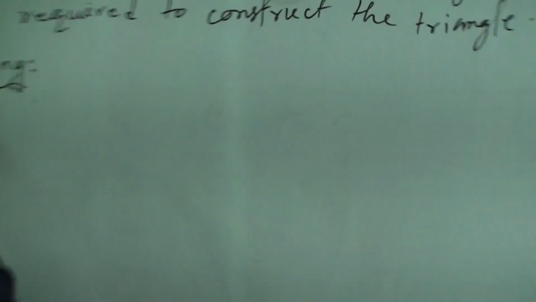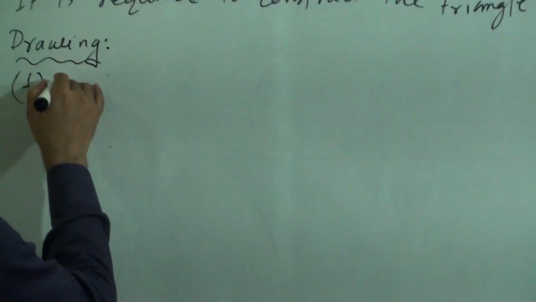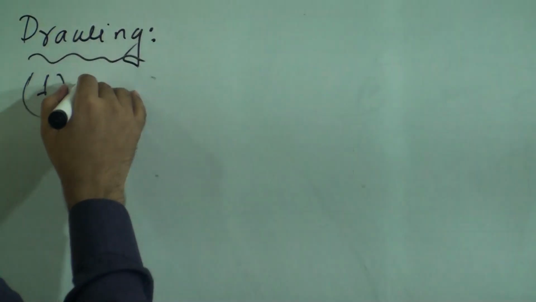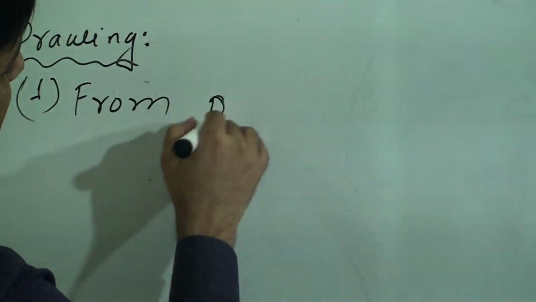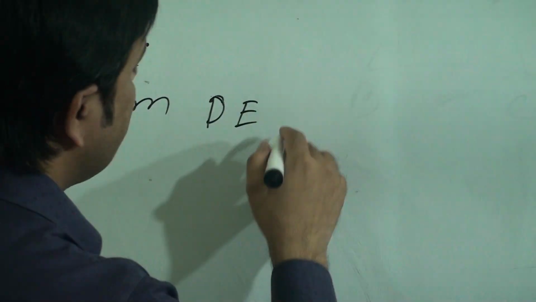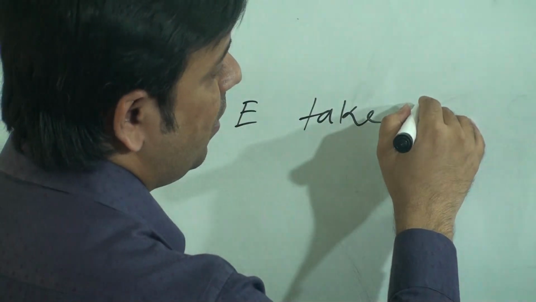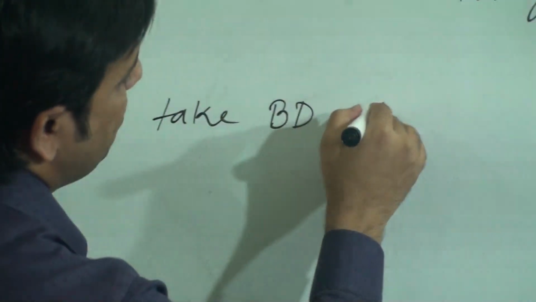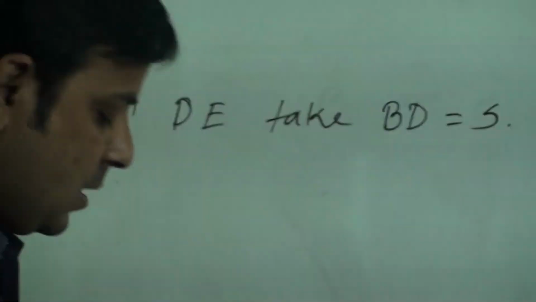So we can write in our own language: from DE, take BD equal to S.